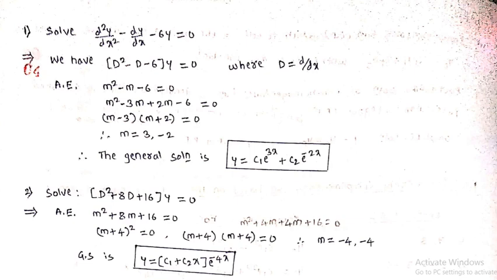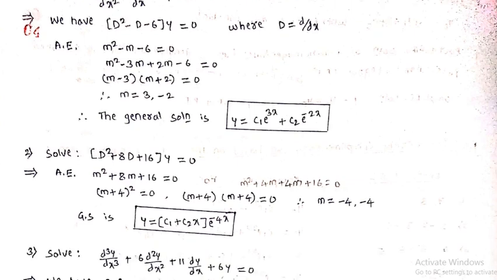Now factorize this quadratic equation and we get the roots as 3 and minus 2, or otherwise by using the calculator you will get the roots of the quadratic as 3 and minus 2. Here 3 and minus 2 are two different roots. So hence its general solution is c1 e to the power 3x plus c2 e to the power minus 2x.